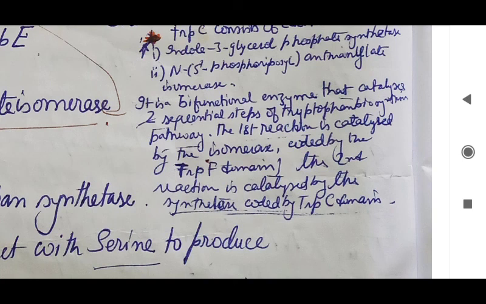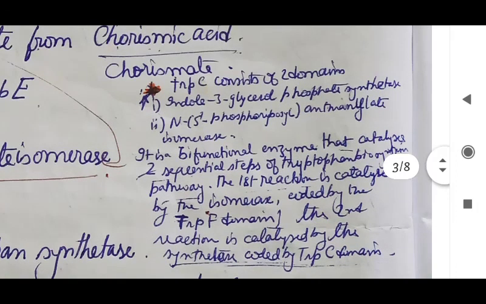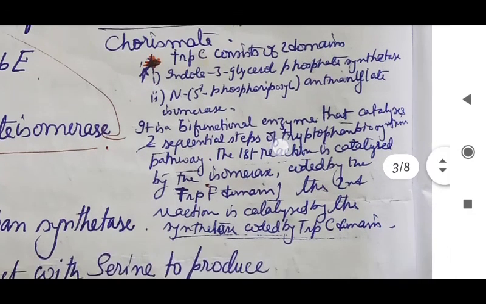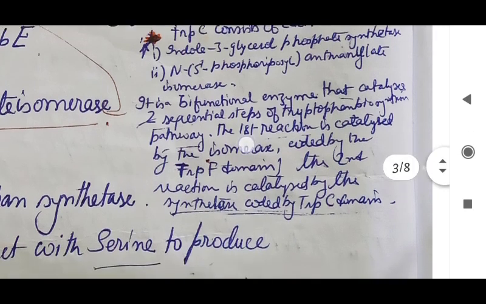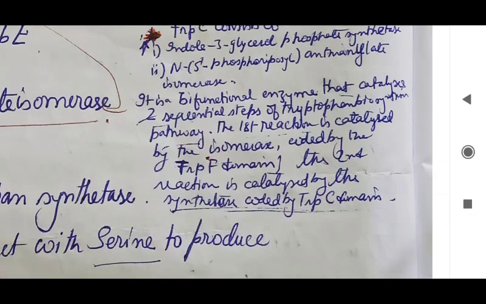The first reaction is catalyzed by the isomerase domain, N5' phosphoribosyl anthranilate isomerase, coded by the TRPF domain, and the second reaction is catalyzed by the synthetase coded by the TRPC domain. So it will catalyze the two reactions needed for tryptophan biosynthesis.